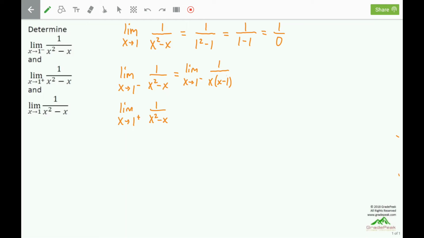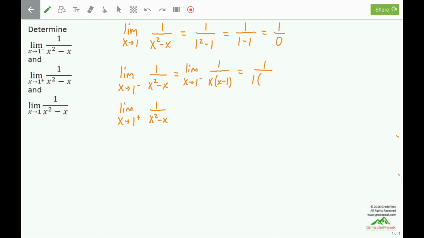If we plug that in for x and specifically look at the x that's going to make the 0, which is the x minus 1, a number that is less positive than 1, like 0.99 minus 1, will be a negative number. So this will result in 1 over, plugging in 1 for x will be 1, and then plugging 1 in for the x minus 1 will be 1 minus 1, which will be a 0.